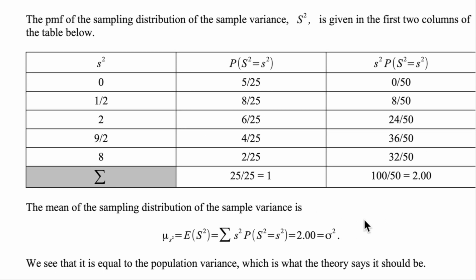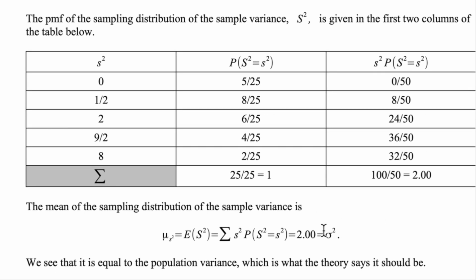So again, what I'm doing to organize my work is to have a third column out here where I have the terms in the sum, s squared times the probability that capital S squared, the random variable, is equal to the observed value, little s squared. And so I'm just taking the product of the corresponding values from these two columns in each row, and listing them out here, and then calculating the column total.